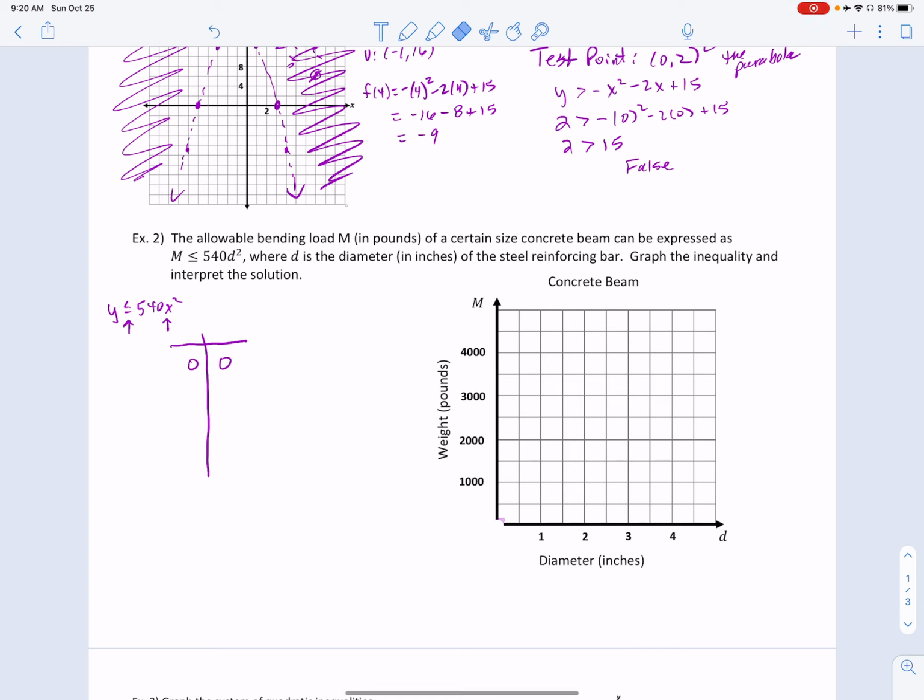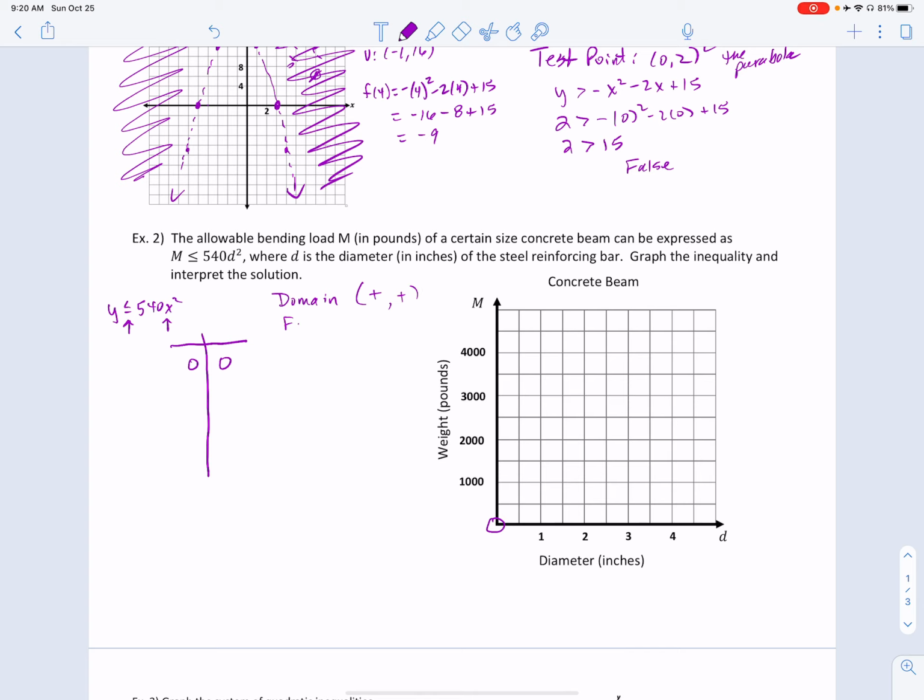Matter of fact, I would say that's really not part of the domain. That's probably an open hole because it doesn't make sense. If you don't have a diameter, you don't have a concrete beam. So that's kind of the startup. And by the way, while we're talking about that, let's talk about domain. The diameter has to be positive, and the bending load has to be positive.